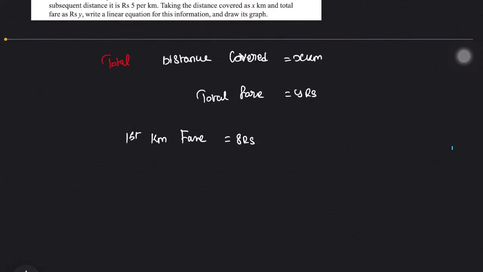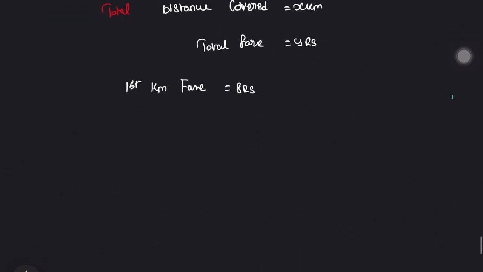Then for the rest after the first kilometer, it is 5 rupees per kilometer. The total distance is x, so the rest of the distance is just x minus 1.